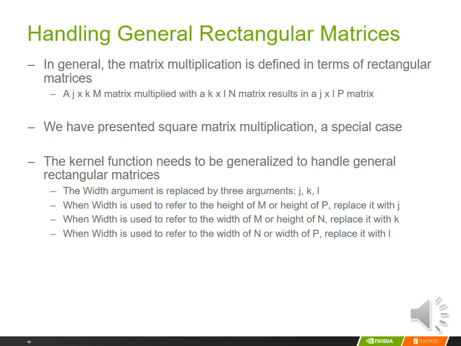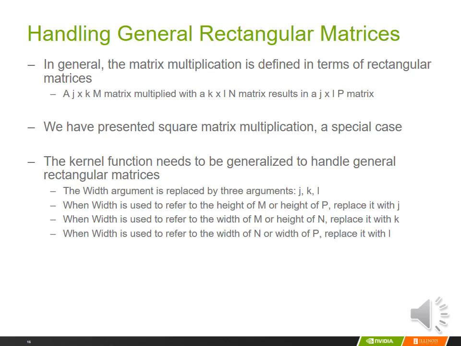With these fairly simple changes, now we have a general tiled matrix multiplication kernel that can handle arbitrary rectangular shaped matrices.